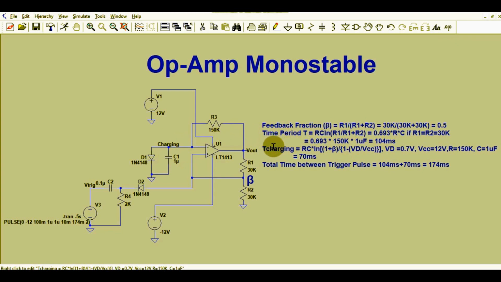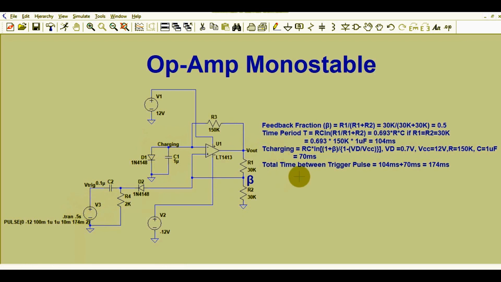The capacitor is charged when you apply a negative trigger pulse. The charging time is given by RC ln of (1 plus beta) divided by (1 minus VD divided by VCC), where VD is the diode forward voltage, right? If VD equals 0.7, VCC equals 12 volt, R equals 150K, C equals 1 microfarad, you get 70 millisecond of charging time of this capacitor C1 when you apply a negative trigger as input.